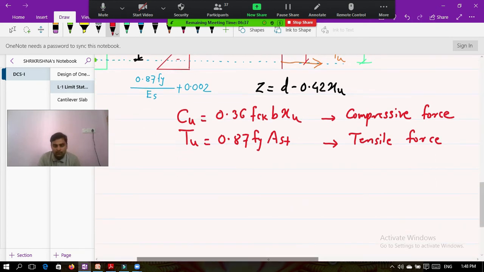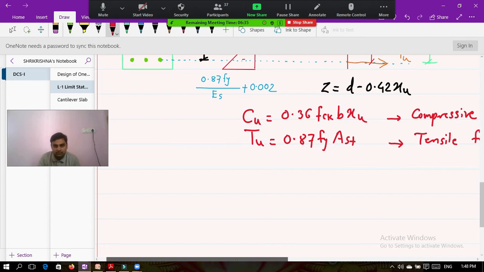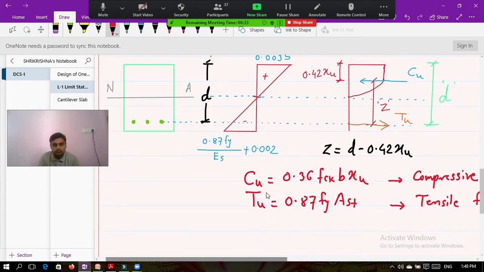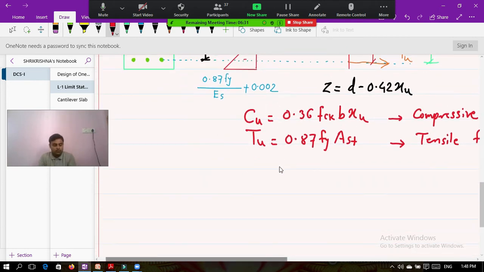Now, how do we calculate the depth of the neutral axis? To calculate it, we assume that the total compressive force is equal to the tensile force.